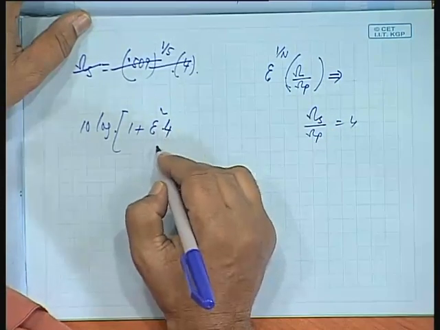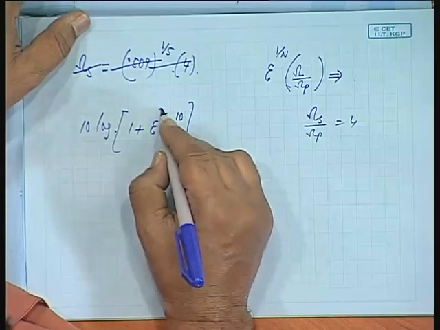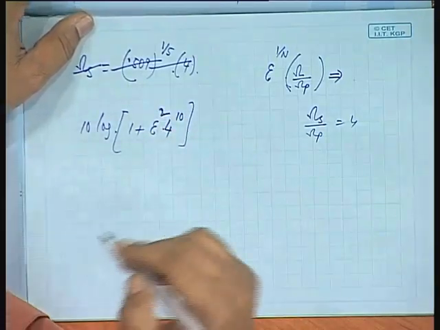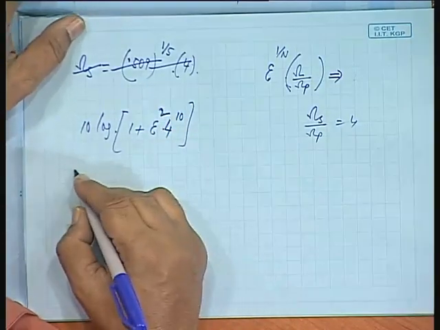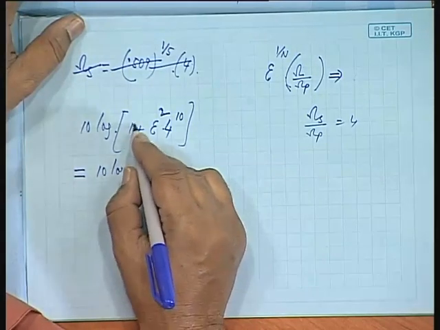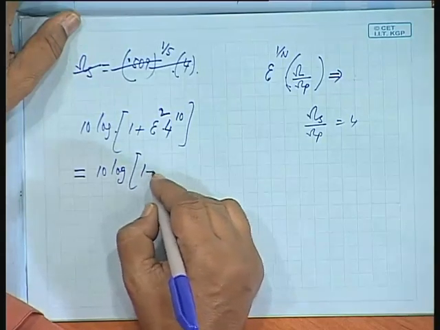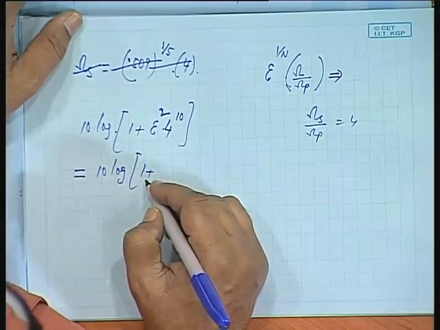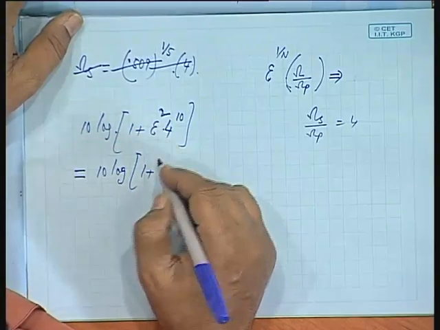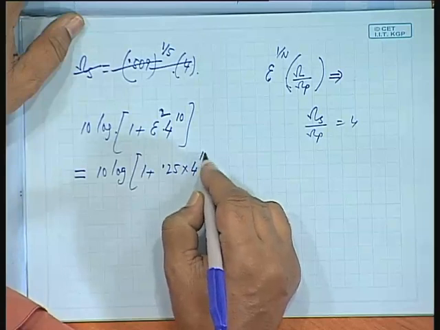So, 4 to the power 10. So, that is equal to 10 log, 1 can be neglected, 1 plus, and how much is epsilon squared? 0.25 into 4 to the power 10.